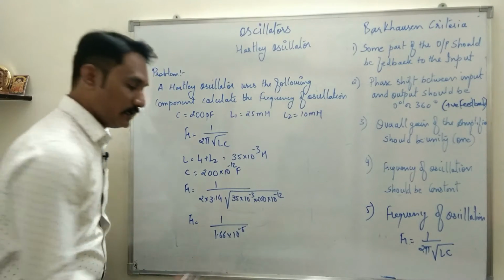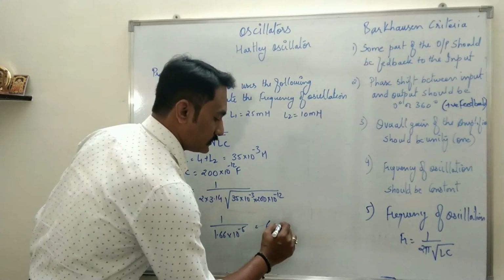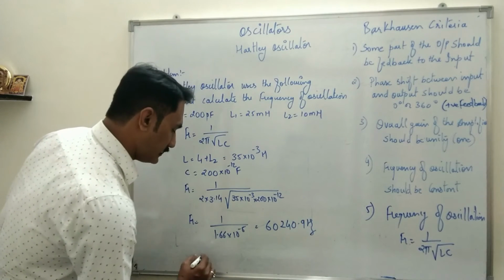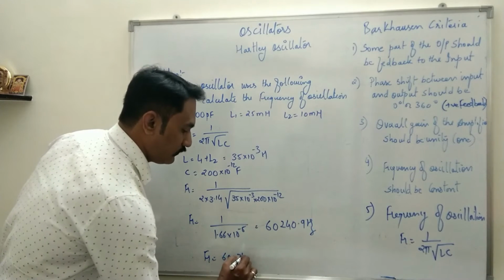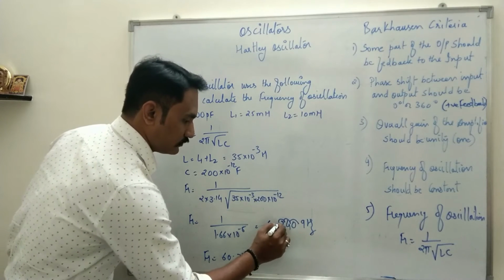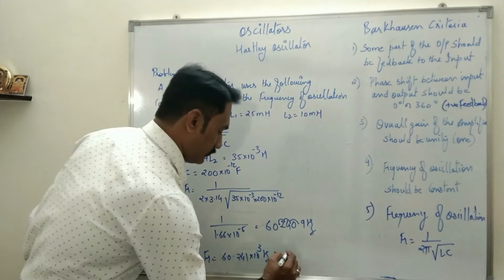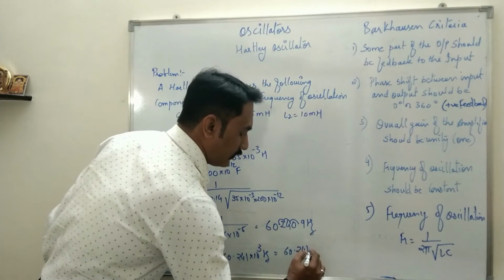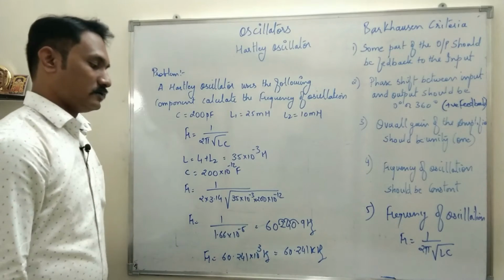If you calculate this value, it will be 60240.9 hertz, or I can write the same thing as 60.241 into 10 to the power 3 hertz, or 60.241, rounding it off, kilohertz. 10 to the power 3 is kilo, so kilohertz.